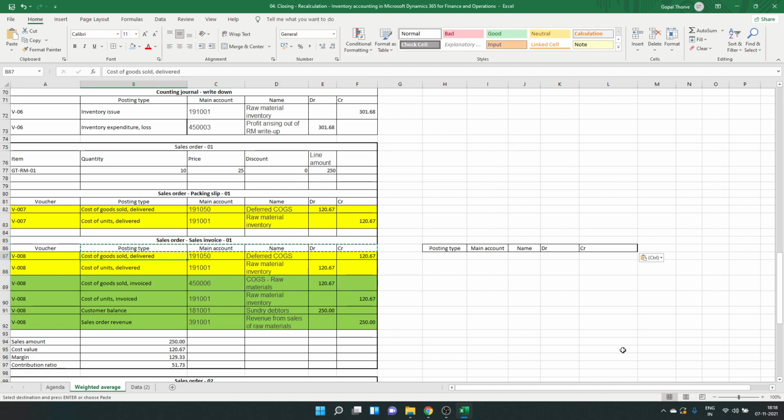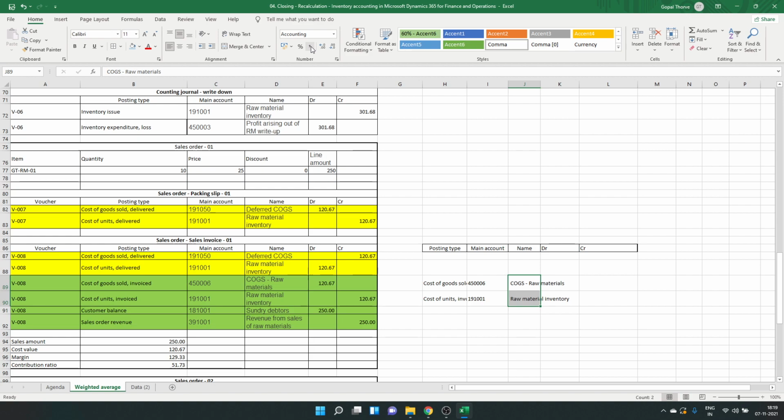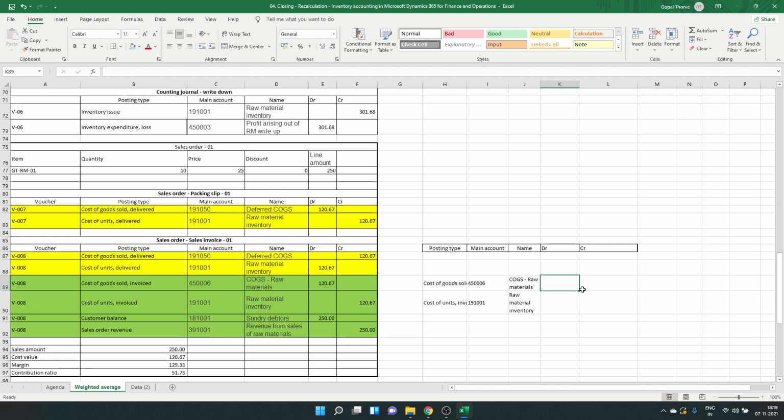Okay, so this is the reversal of packing slip. And at the time of closing the inventory, it will hit this GL.